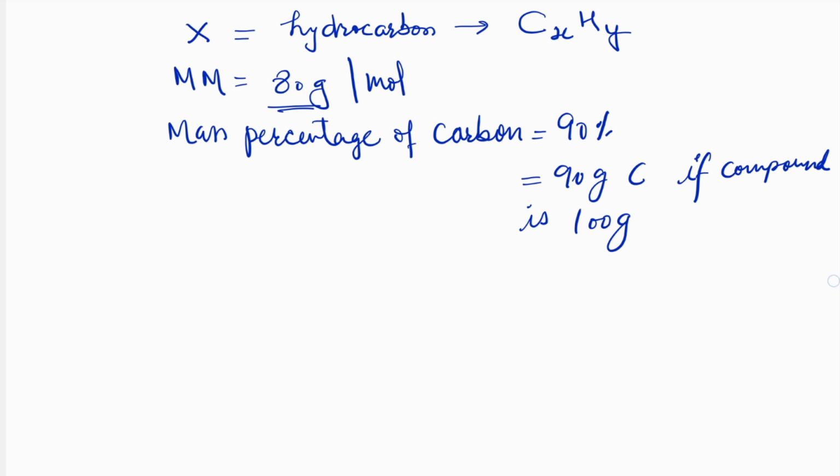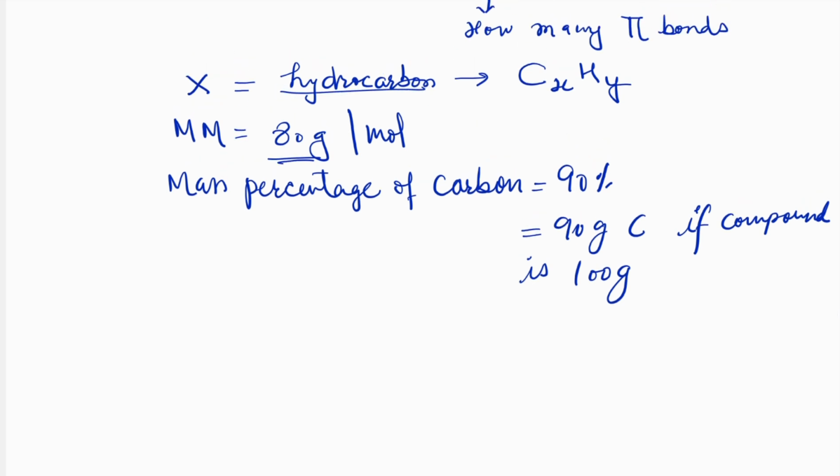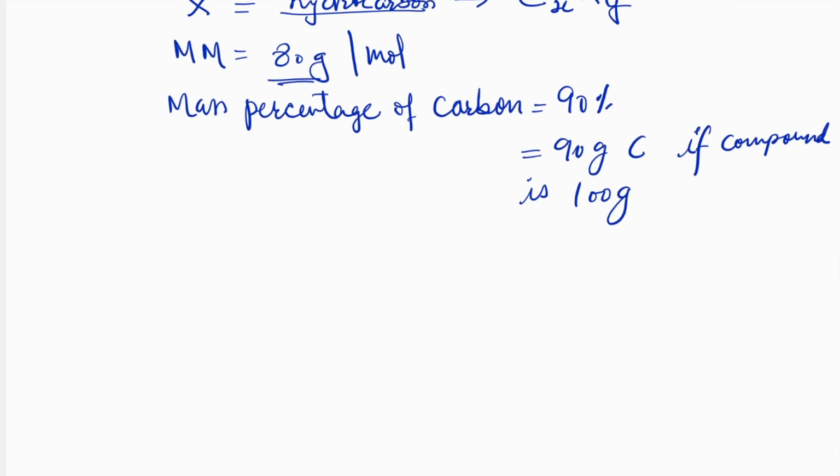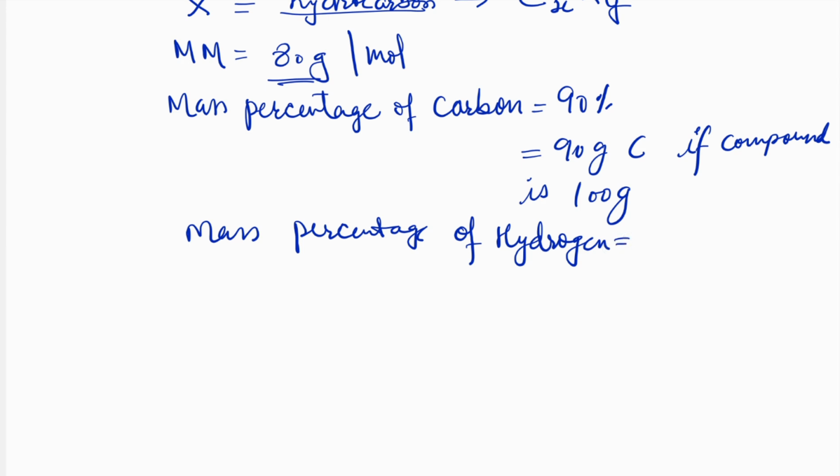One more thing, because this is a hydrocarbon, the other atom will be hydrogen. So we can say that the mass percentage of hydrogen will be, obviously there is 100%, from 100% 90 is carbon, then 10% will be hydrogen.